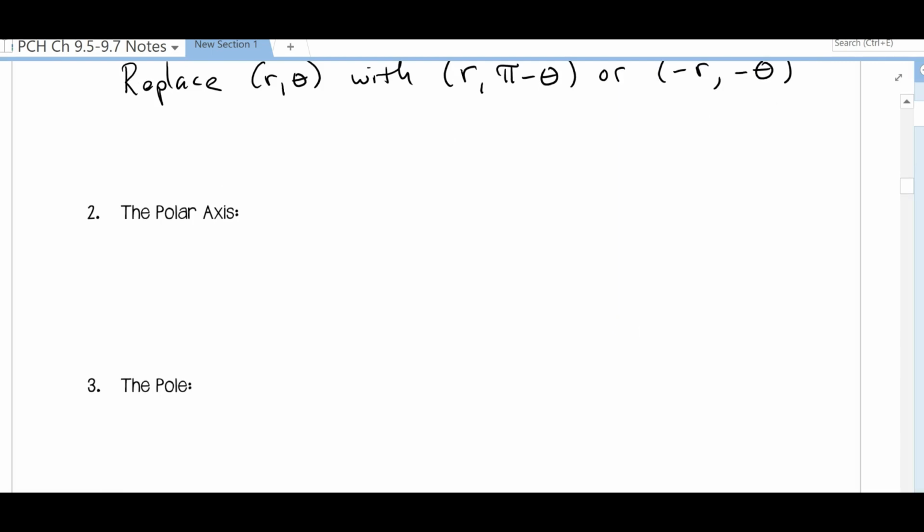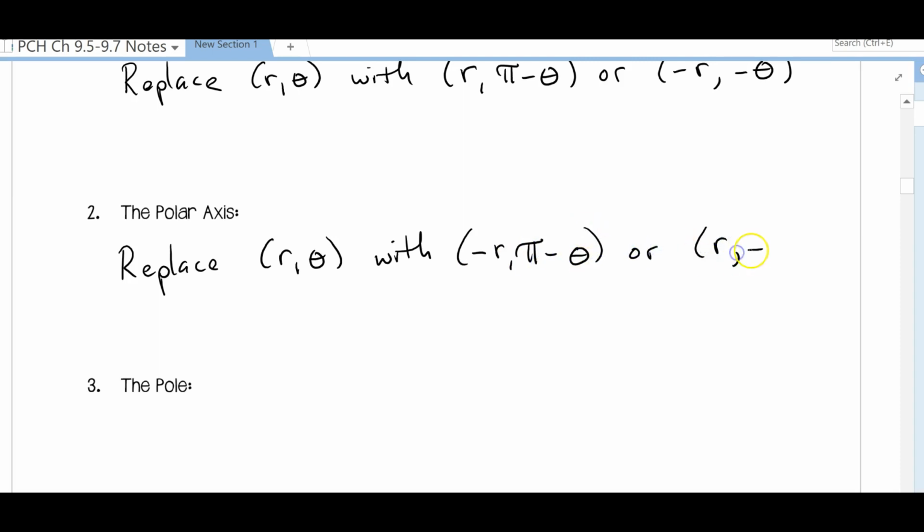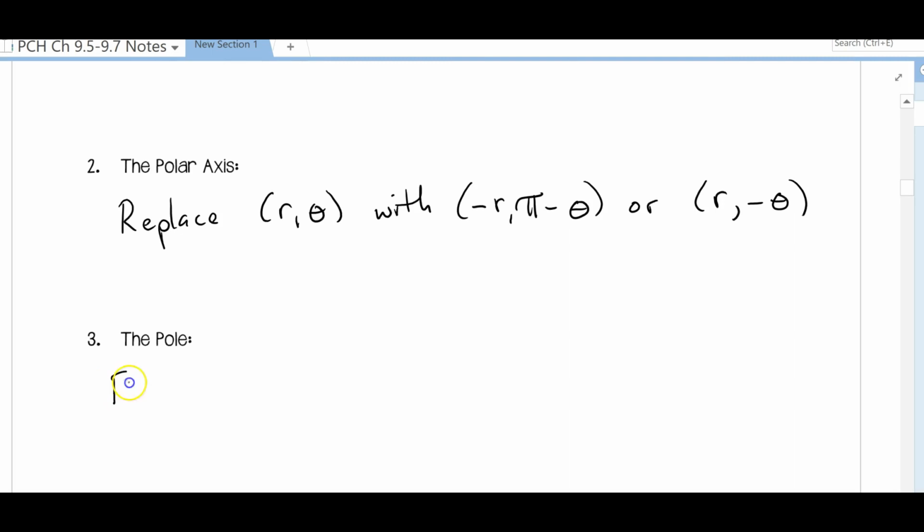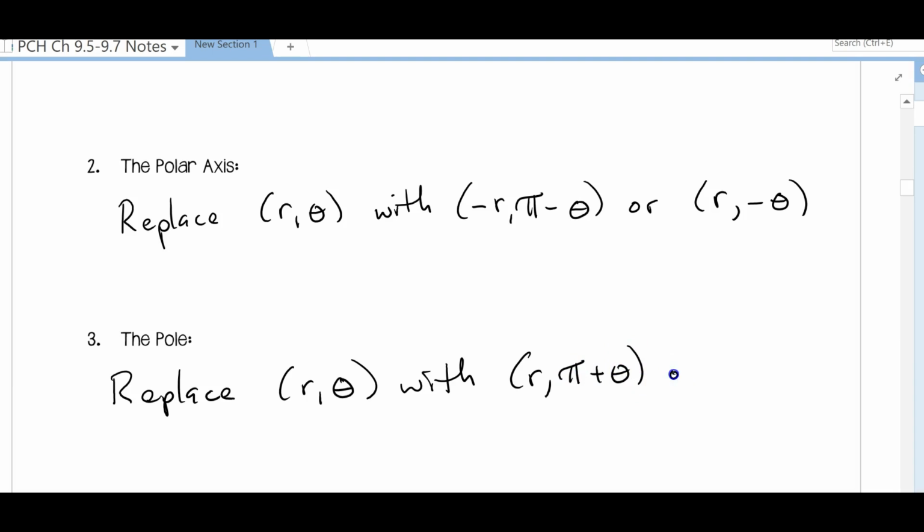Similarly, with symmetry with respect to the polar axis, we will replace (r, theta) with (negative r, pi minus theta), or (r, negative theta). And with respect to the pole, we will replace (r, theta) with either (r, pi plus theta) or (negative r, theta).